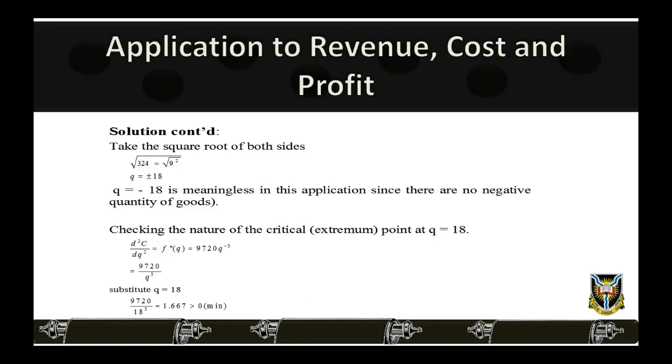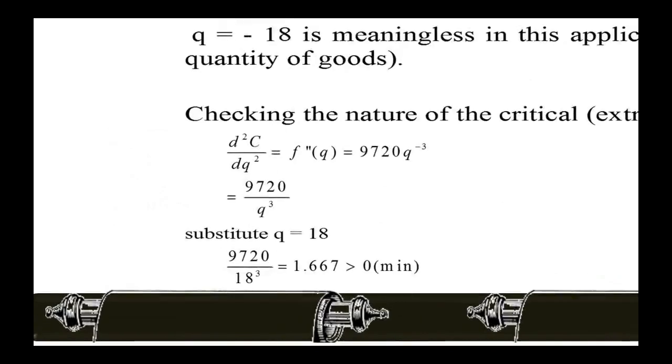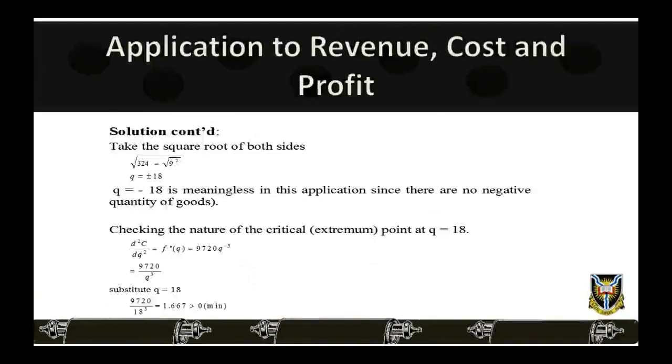Substitute q = 18. 9,720/18³ = 1.667, which is greater than 0.